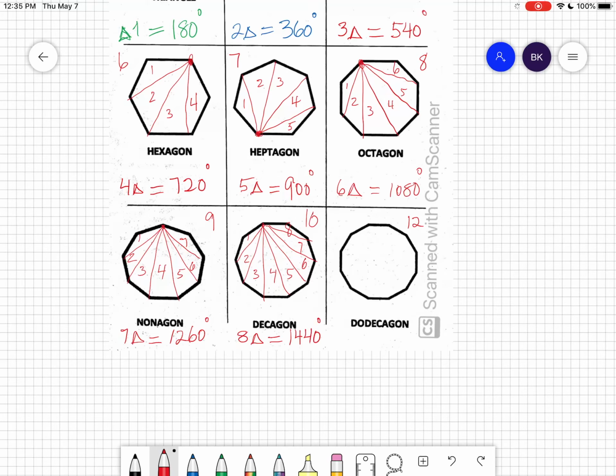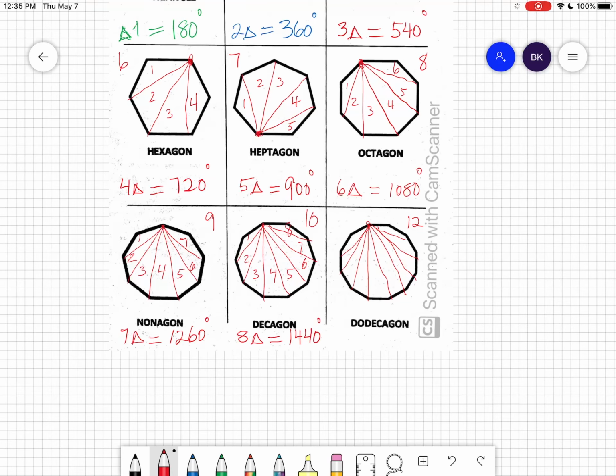Okay, so moving on to our last one, there's 12 sides, the dodecagon, and let's see, 1, 2, 3, 4, 5, 6, 7, 8, 9.